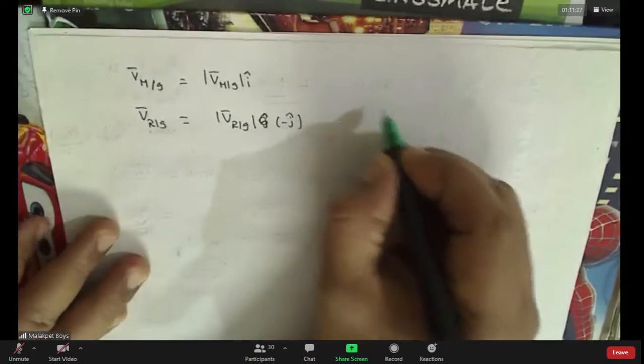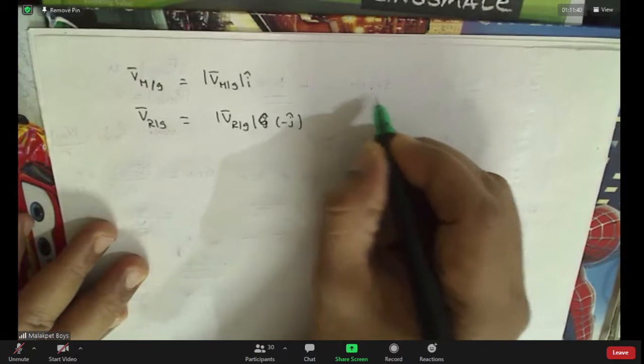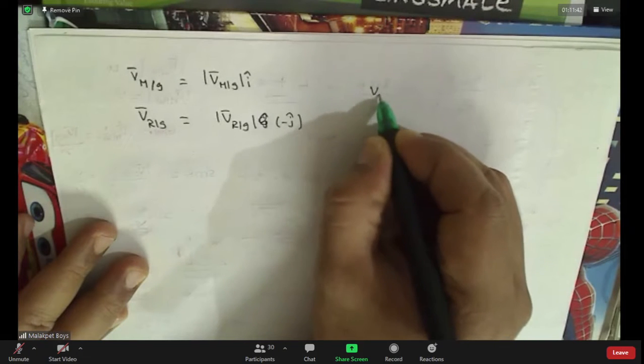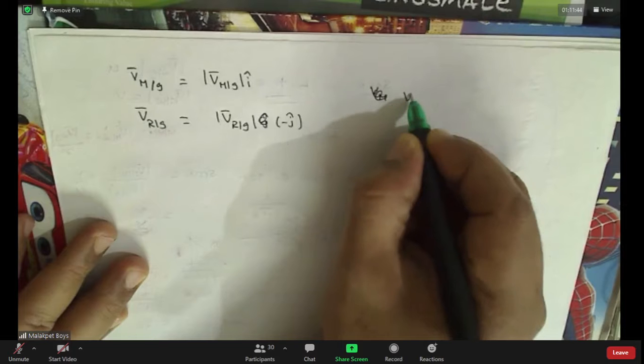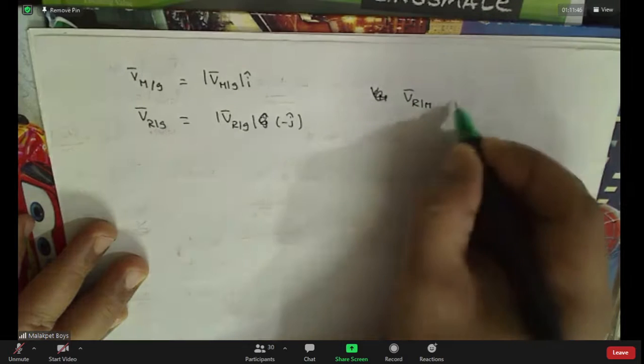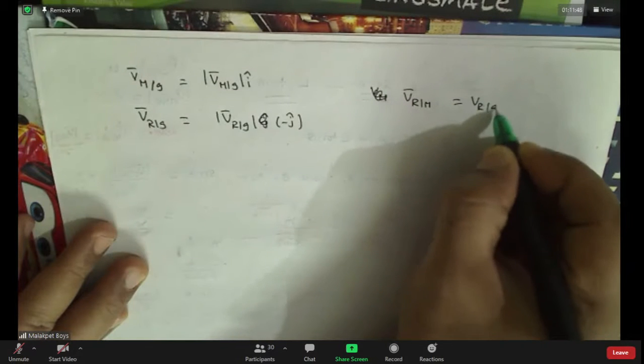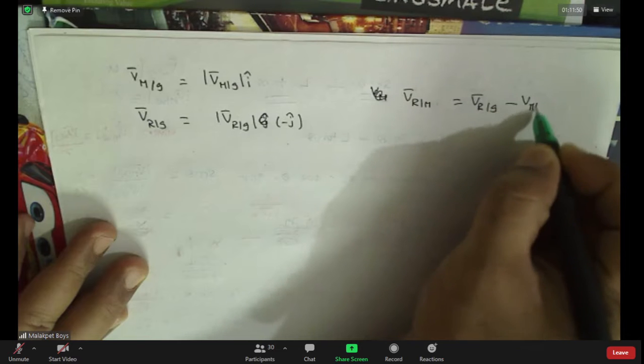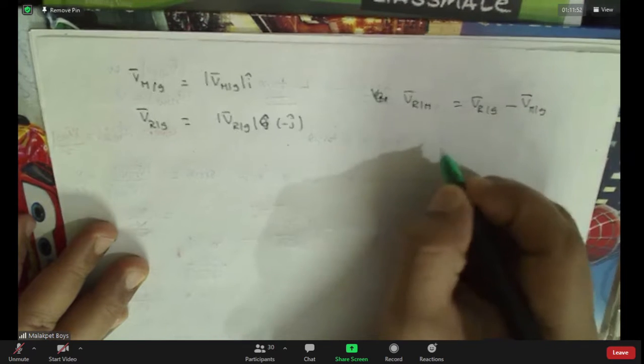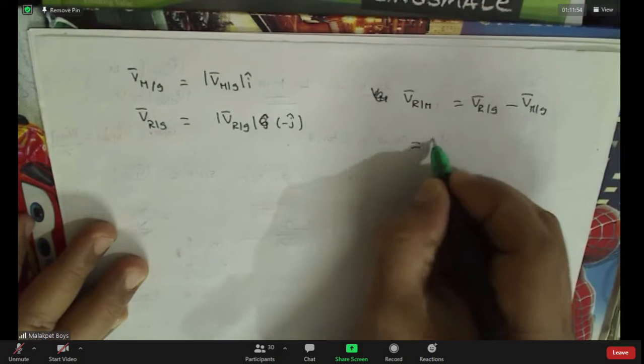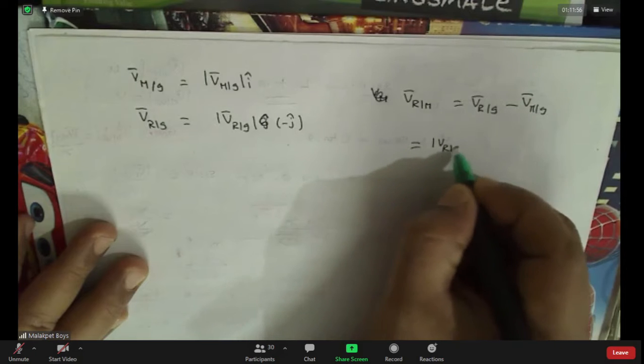Now we need velocity of rain with respect to man. This is rain with respect to ground, man with respect to ground.